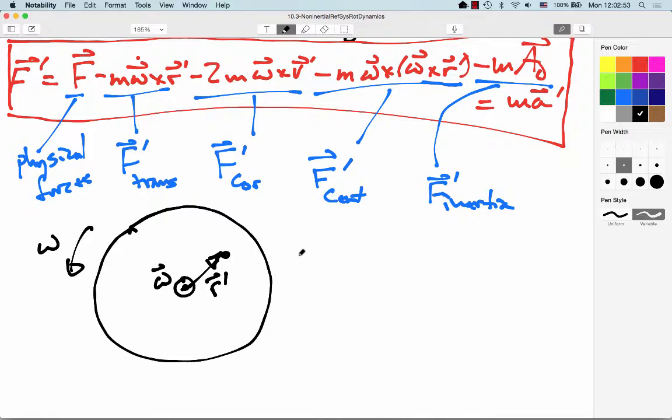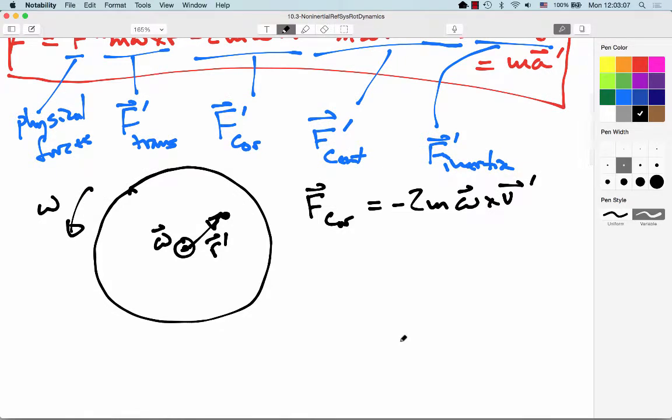So let's go ahead and work out the direction of the Coriolis force. So that will be minus 2m omega cross v prime. So in this case, there's my omega.